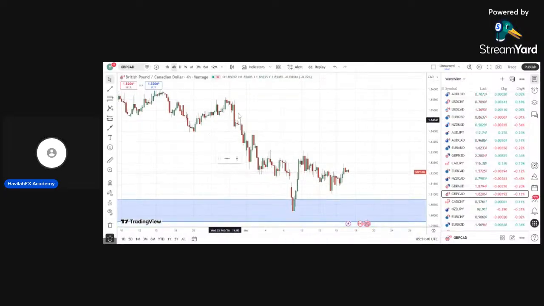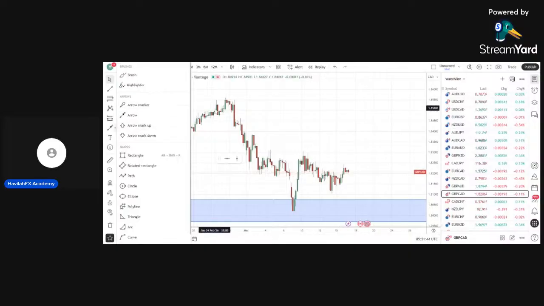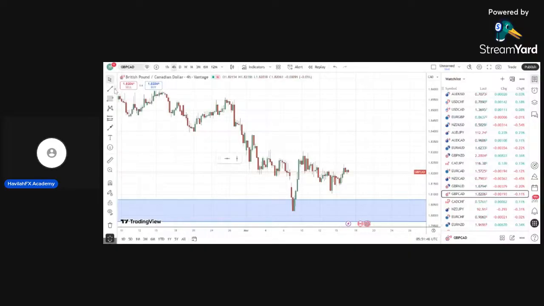What is important with top-down analysis is that we are trying to ensure that the direction we found on the higher time frame is the same direction the instrument is expected to move into on the lower time frame. So this is the 4-hour time frame, and on the 4-hour time frame, I am seeing the formation of an inverse head and shoulders pattern.